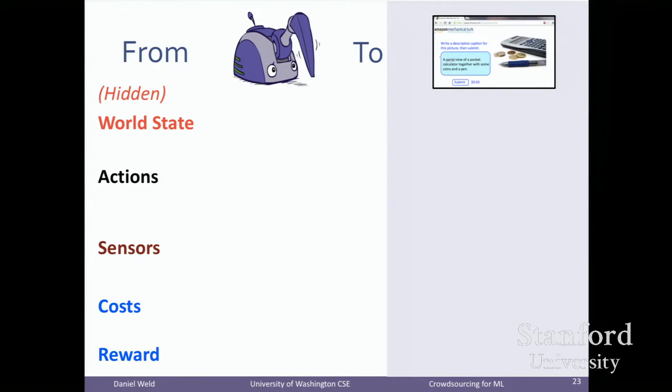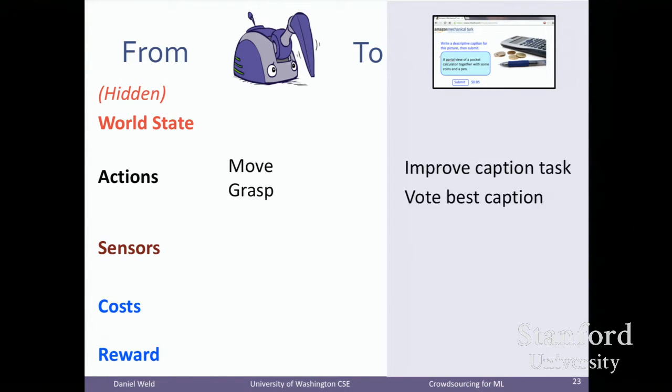Okay, so that makes sense in the context of robots, so let me explain how it works for crowdsourcing. With crowdsourcing, instead of having actions like moving and grasping, we've got actions like improve the caption or vote which of the two captions is better. The state space, instead of being an XY coordinate for the robot, is still a state space, in this case, of two real numbers.